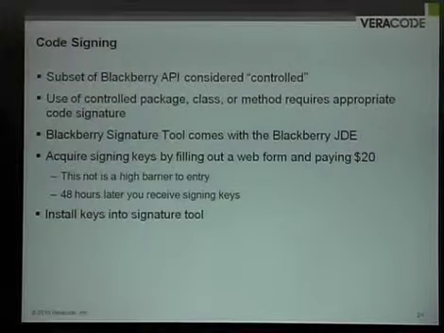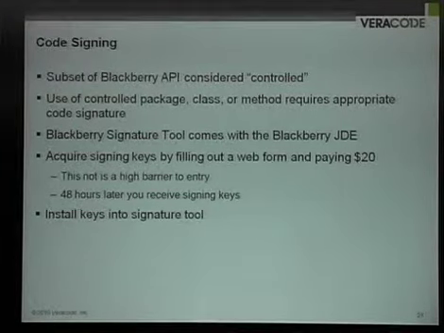So let's talk about some of the individual security mechanisms implemented by RIM for the BlackBerry devices. So, code signing. There's a subset of the BlackBerry API that's considered controlled. For some of the code to be executed and for some of these APIs to be called on the handheld, it has to be signed by a RIM signing key.